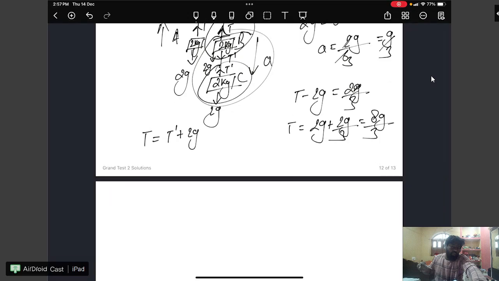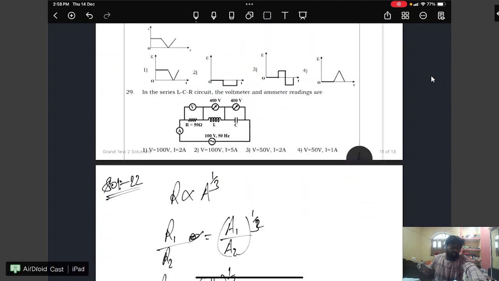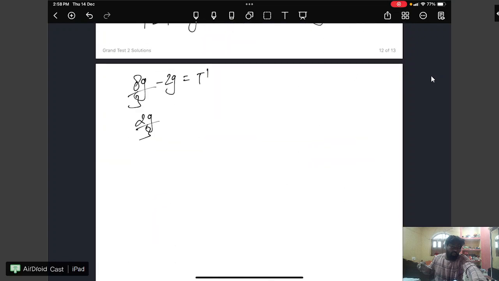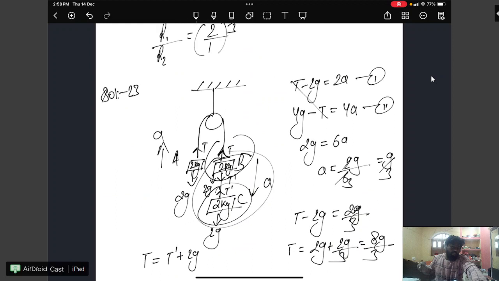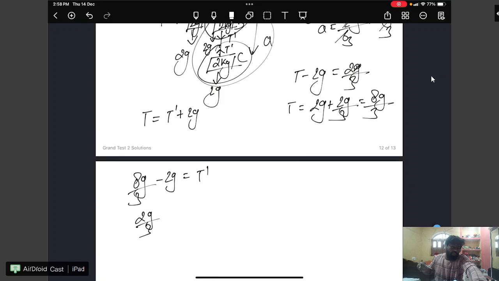So T dash equals 8g by 3 minus 2g, which is 2g by 3, that is acceleration due to gravity by 3. We cannot stop here. So this equation is correct, T tension is correct at g by 3. This equation is not right. Here only the problem will be.